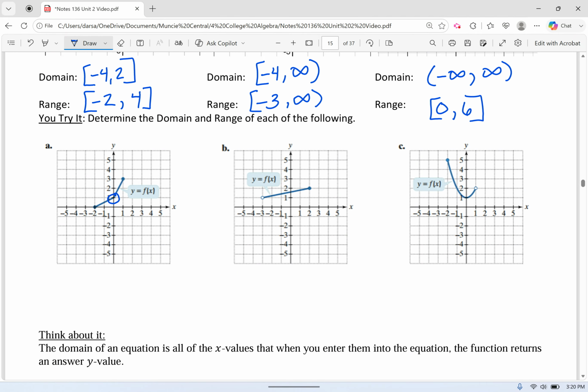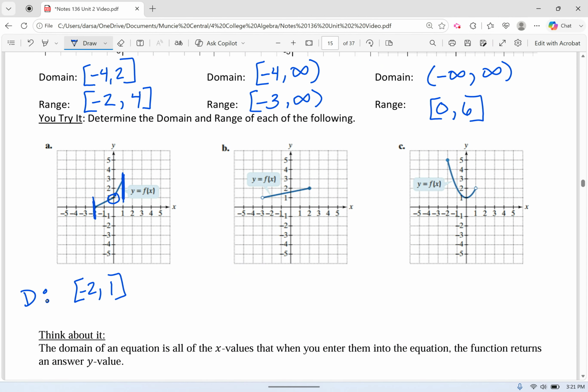Did we stop the graph here? No, we didn't. There is still picture there, right? So even though the graph changes directions, the x values don't stop. So the first x value happens here at -2. It ends here at 1. So this graph would have a domain of -2 to +1.